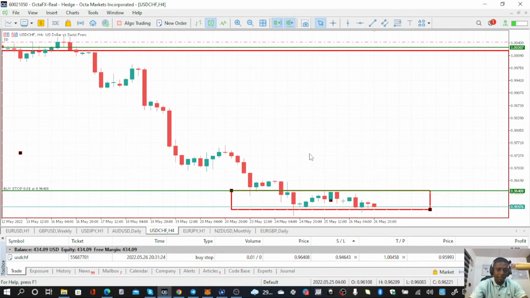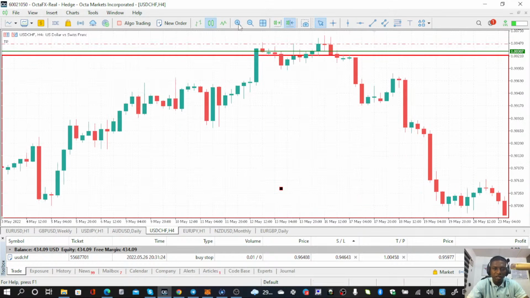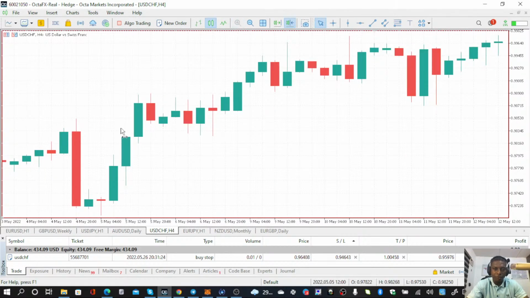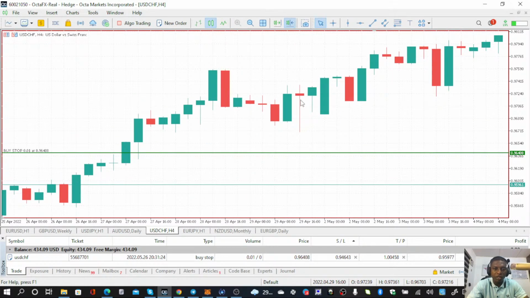It is called a wick. Let me look out for another example that might be more clear this time. Okay, good. This is a wick. This is a wick.